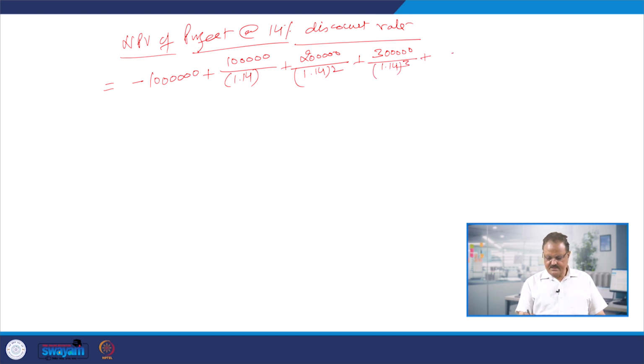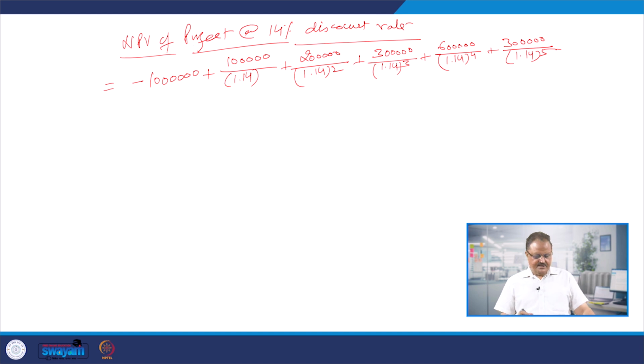Then plus the next cash flow, which is the bigger cash flow, 6 lakhs, and you are dividing it by 1.14 power 4. And the last cash flow is 3 lakh rupees of cash inflow, divided by 1.14 power 5.